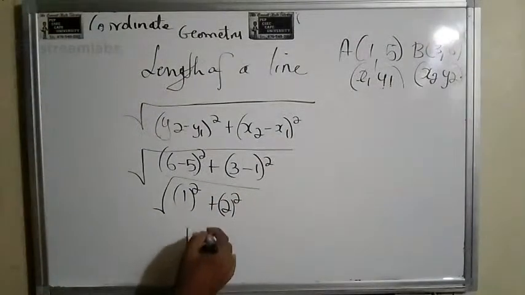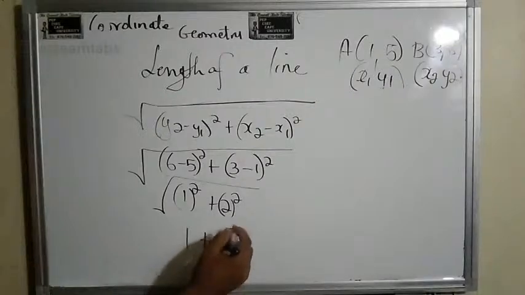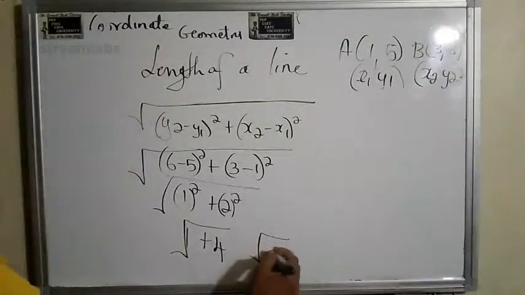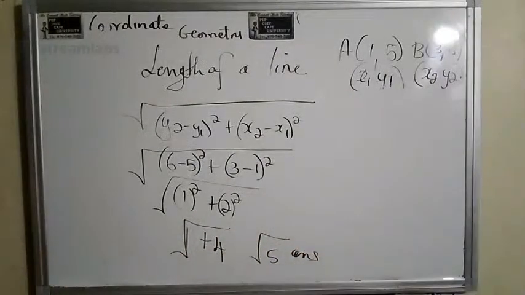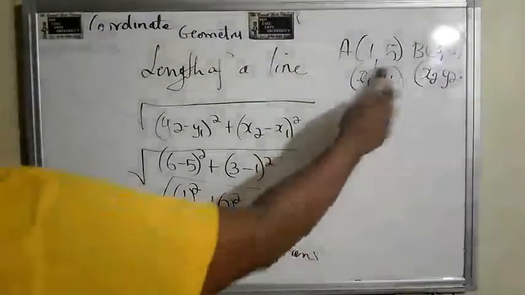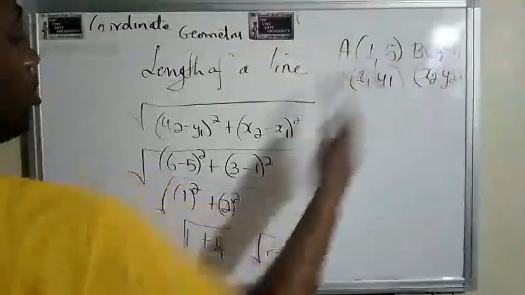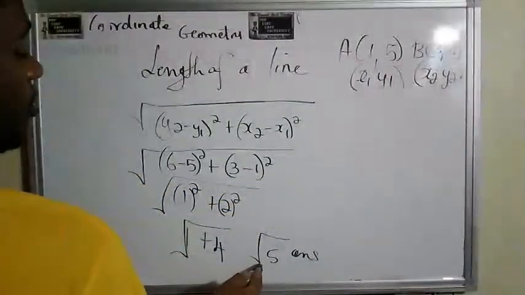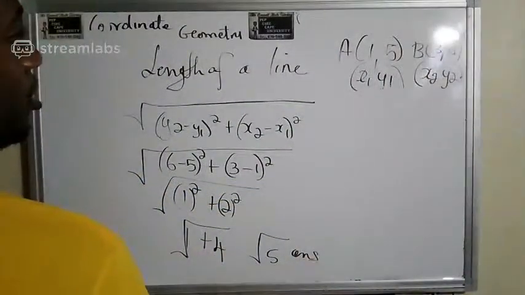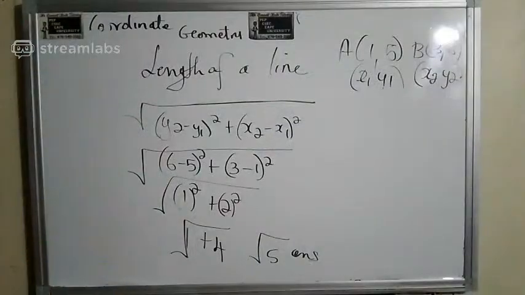So it will be 1, 2 squared is 4, square root of 5, or you can punch it in your calculator. Makes sense. These 2 points are pretty close to each other, so you expect the length of the line to be reasonably small. Alright, so let us find this. I want you to go ahead with this one. Try.